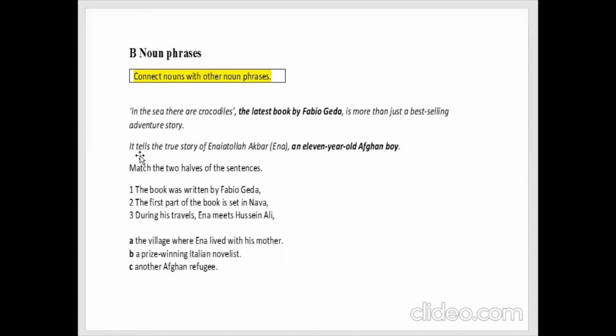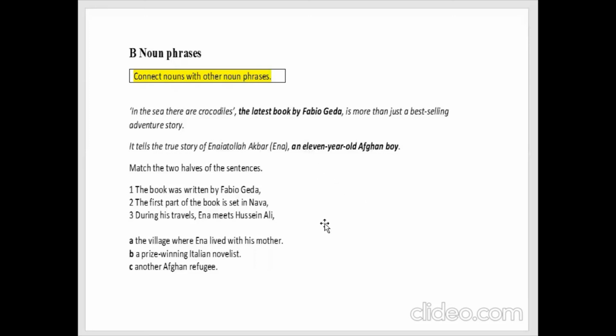It tells the true story of Inayatollah Akbar, or Ina, an 11-year-old Afghan boy. The latest book and Fabio Jeddah are connected by a preposition, or just in the second example, like composite words.